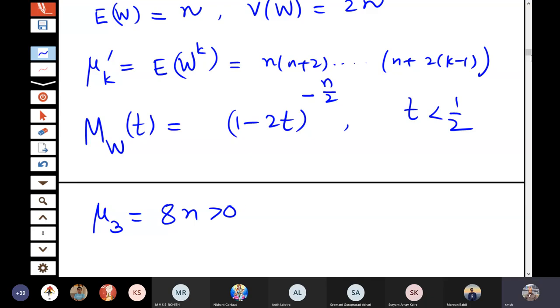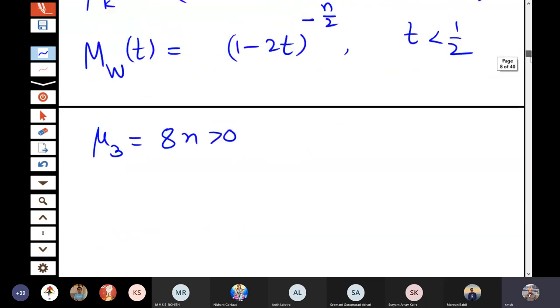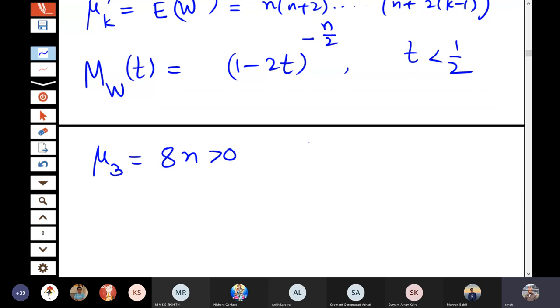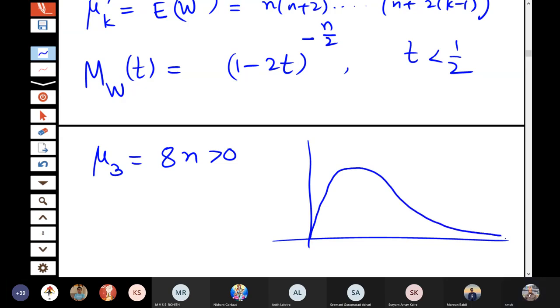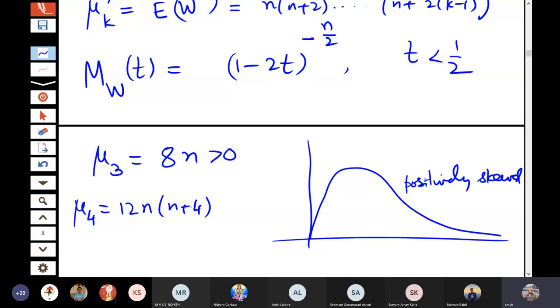Of course, we know that the gamma distribution is positively skewed, so the chi-square distribution is of course positively skewed. And the fourth central moment, by this general formula you can write down, is 12n into n plus 4.